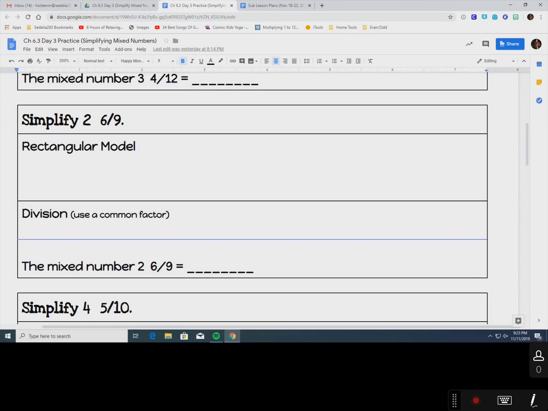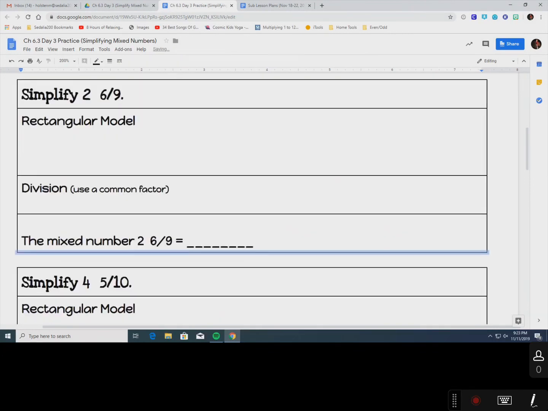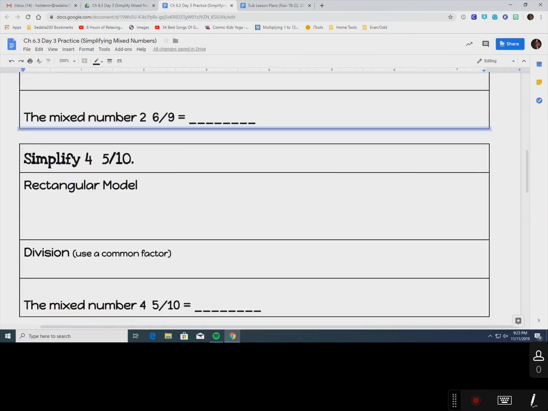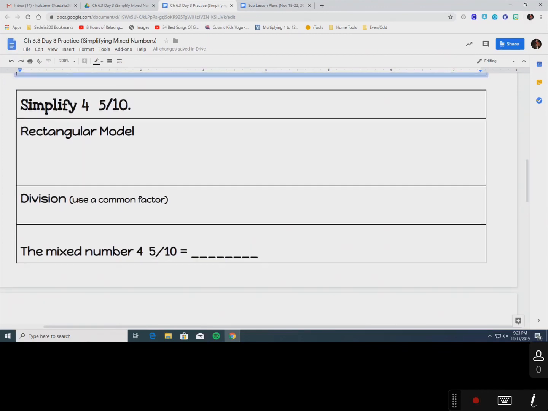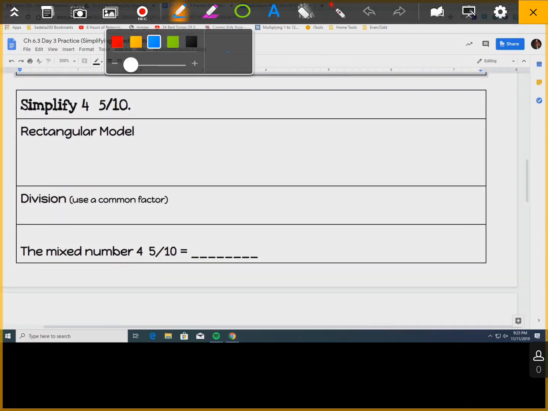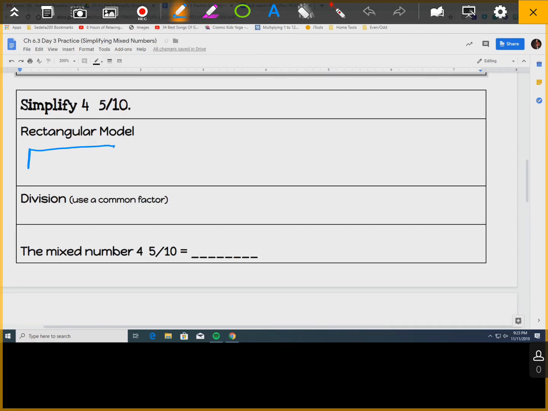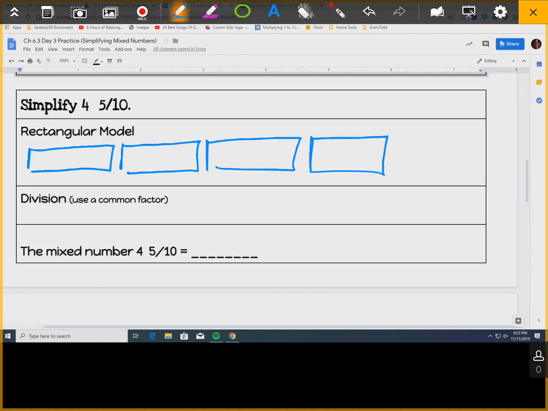The last problem on this page says to simplify 4 and 5/10. First, I'm going to start with my whole number and draw 4 wholes. Color all 4 wholes in.